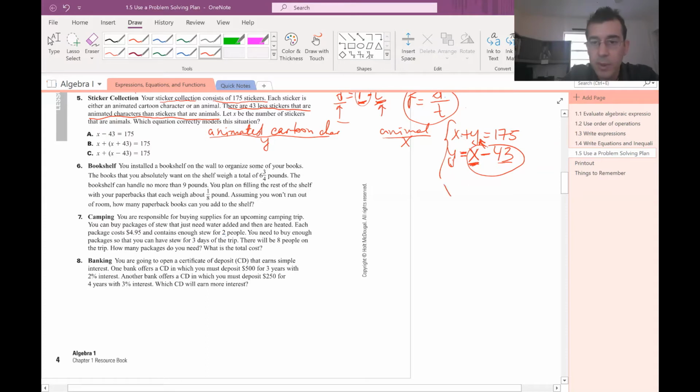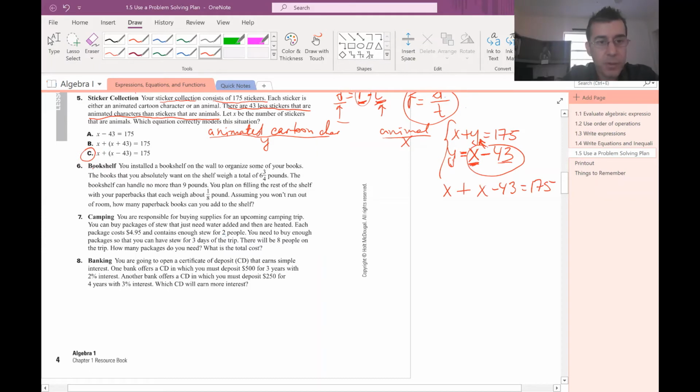So it would be X plus, instead of Y here we have X minus 43 equals 175, and then we can see that it's C. Okay, so which equation correctly models the situation? It is C.